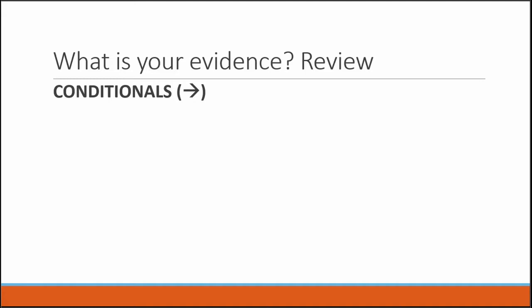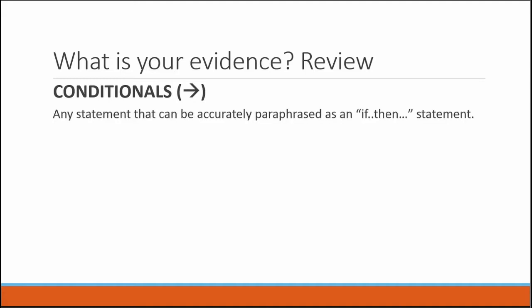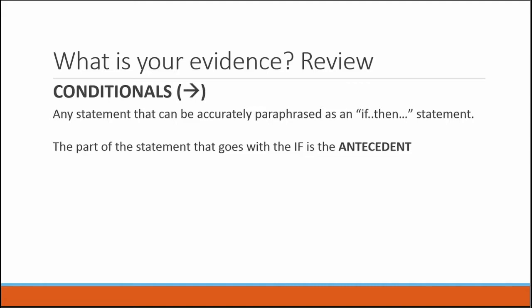Conditionals. Any statement that can be accurately paraphrased as an if-then statement is a conditional. The logical connector, if-then, is symbolized with the right-facing arrow. The part of the statement that goes with the if is called the antecedent.